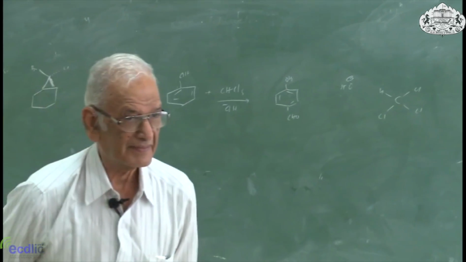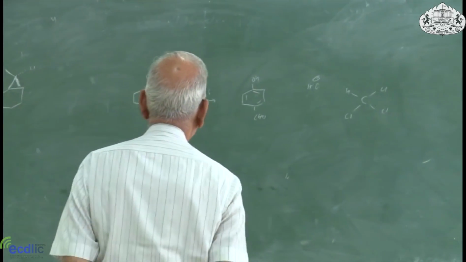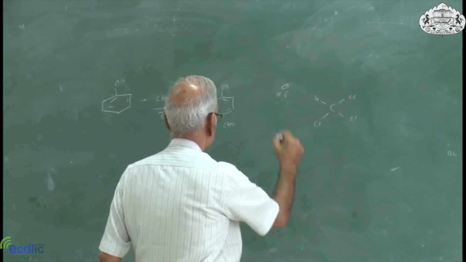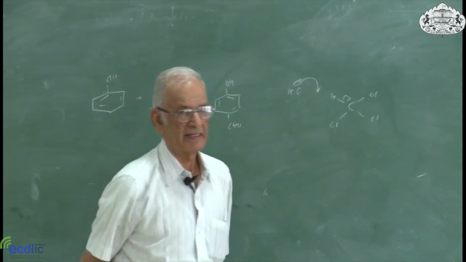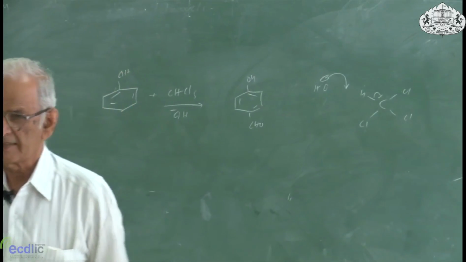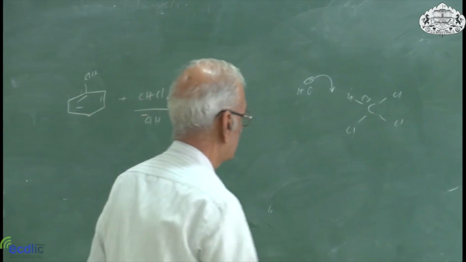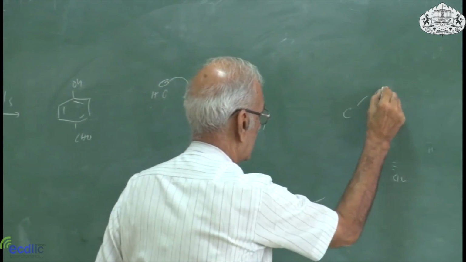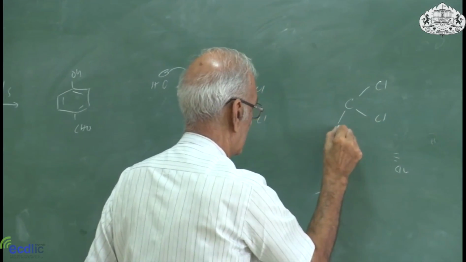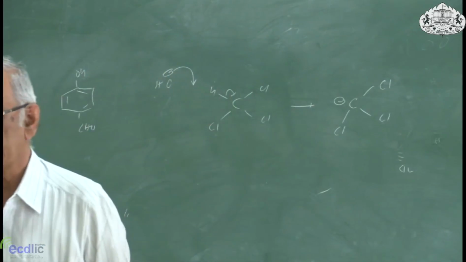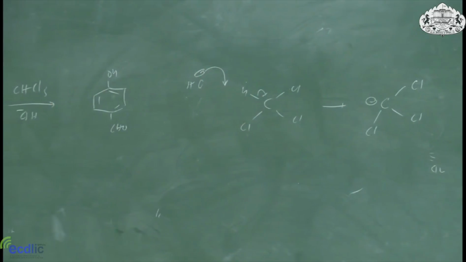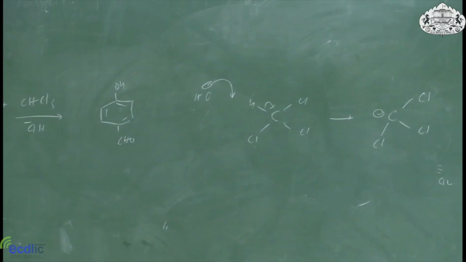Yes? Carbene formation. How does carbene form? Okay. Chloroform hydrogen is acidic. So, you get this anion. Why is it acidic?